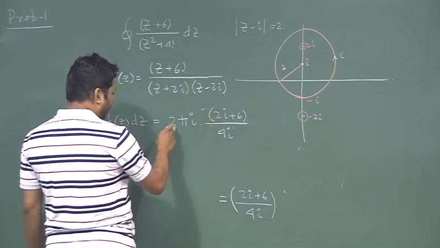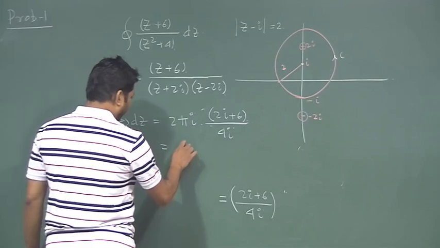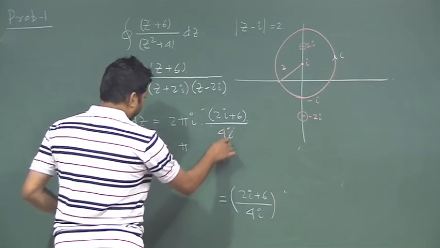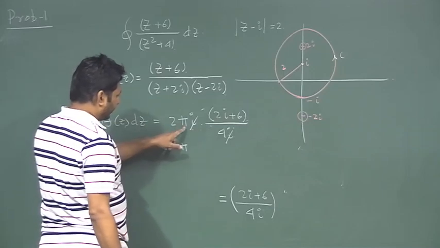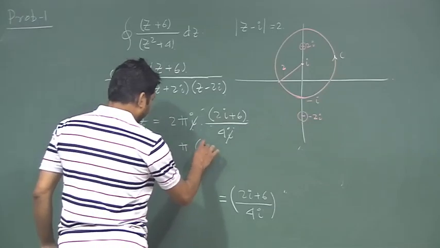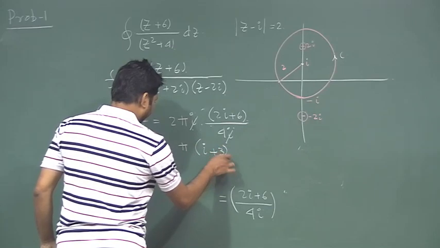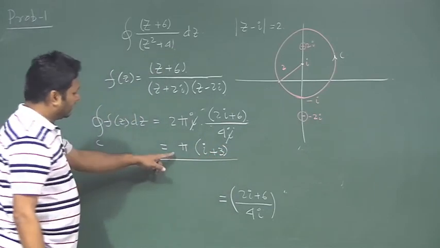If I take 2 common here, this 4 will cancel out, this i will cancel out, and it seems to be pi times (i plus 3). That is the result I am looking for.